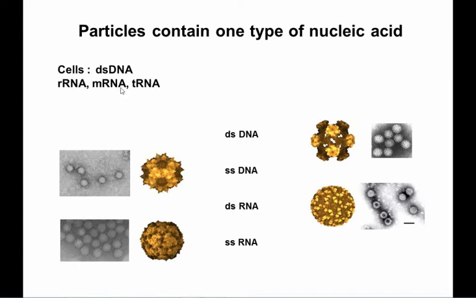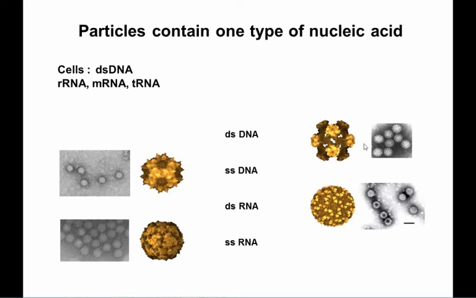Every cell has got this. When you look at virus particles, well, some viruses have got double-stranded DNA as their genome. Others have single-stranded DNA. Some have double-stranded RNA, and others have single-stranded RNA.